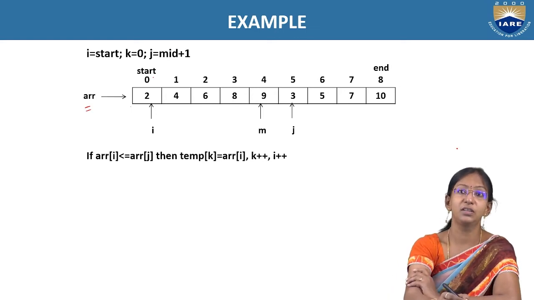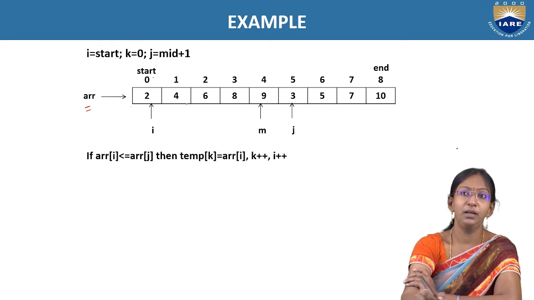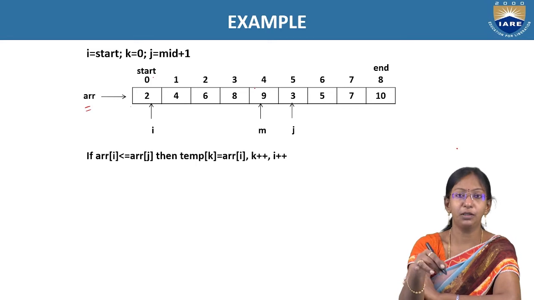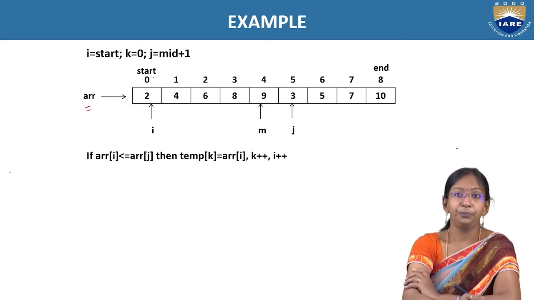In these two lists, the first element of L1 will be pointed by I, and in the list L2, the first element will be pointed by J. M acts as the boundary between the two lists. Now, how to sort it?